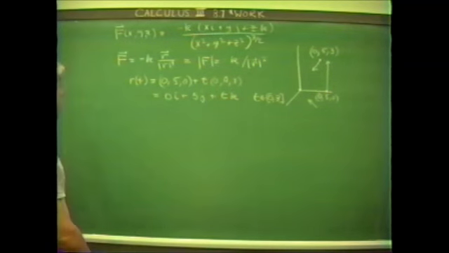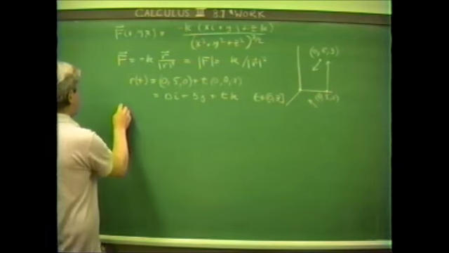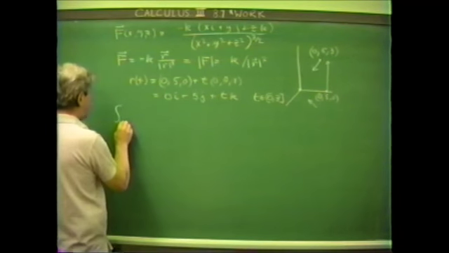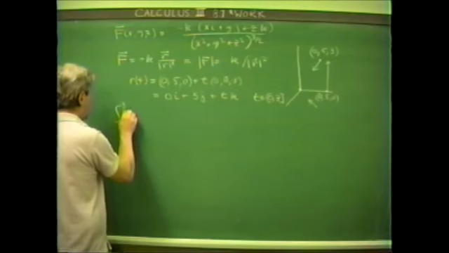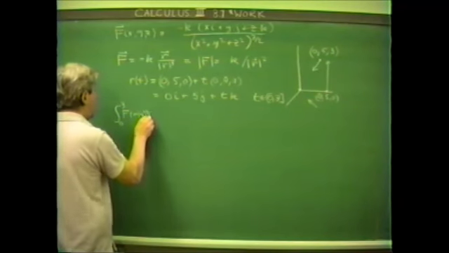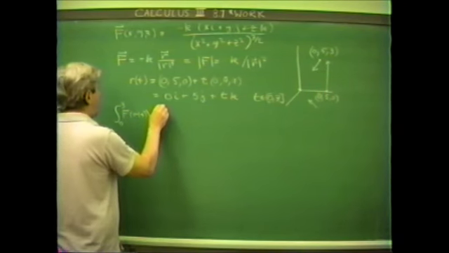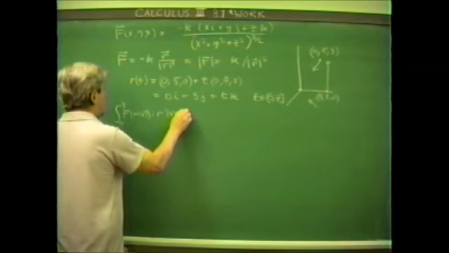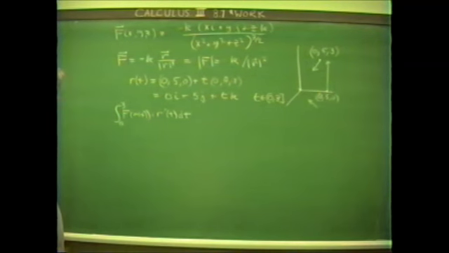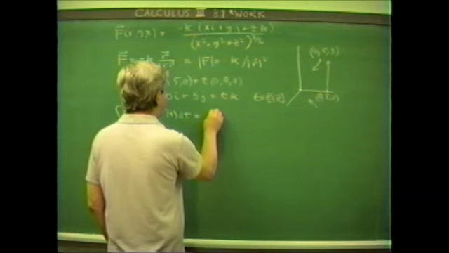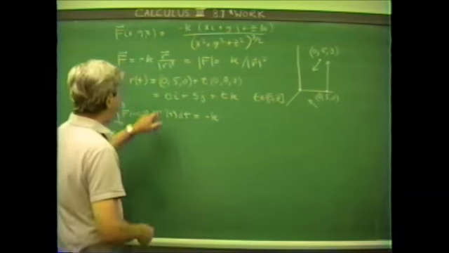Right? And to do this, we want to take a look at the integral from 0 to 3 of F of r of t dotted with r prime of t dt. F of r of t is going to be minus k. Here's r of t.